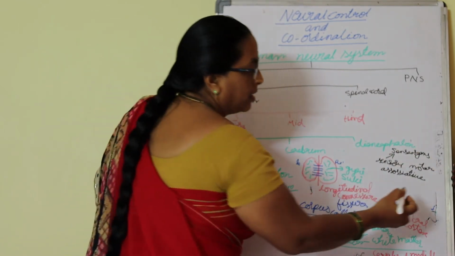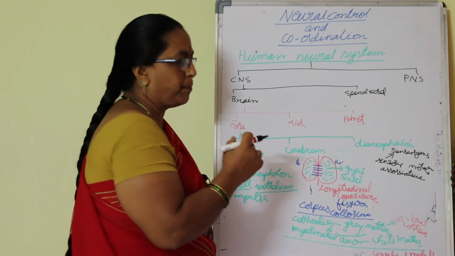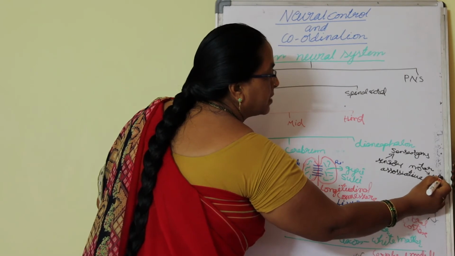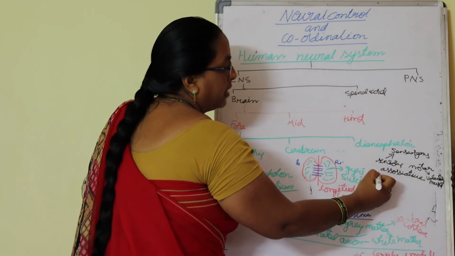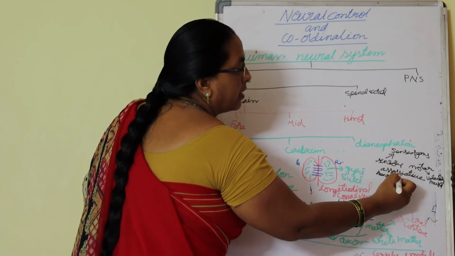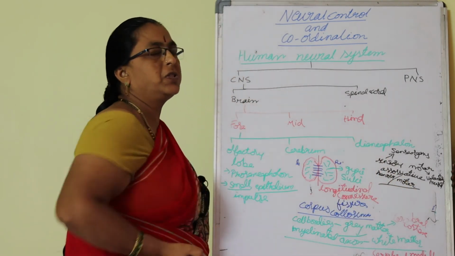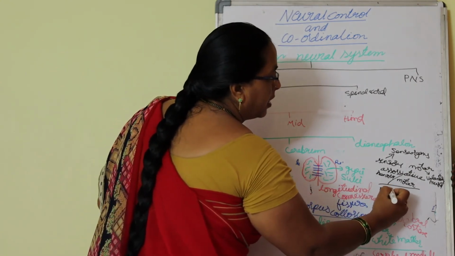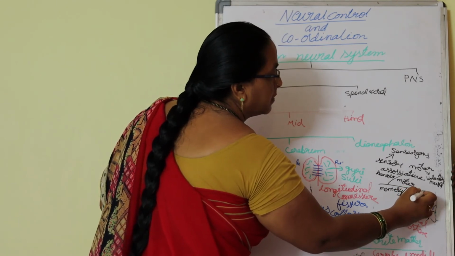Motor receives signals or impulses from the brain and carries them to voluntary muscles. Associative is neither sensory nor motor, and this associative part is responsible for memory and communication.